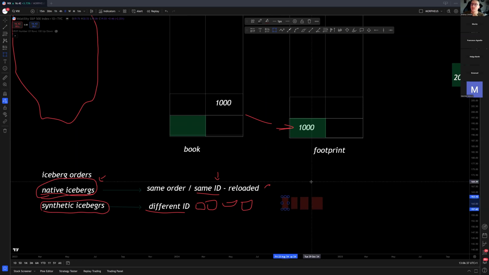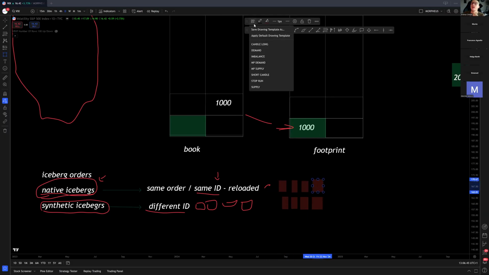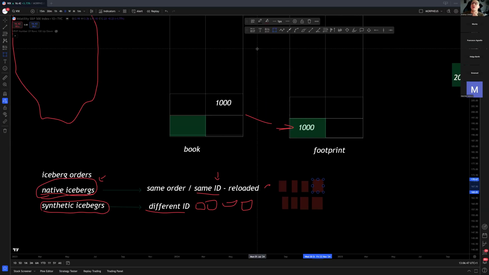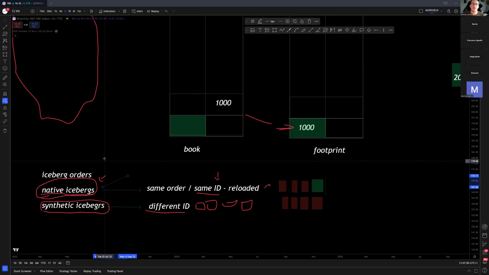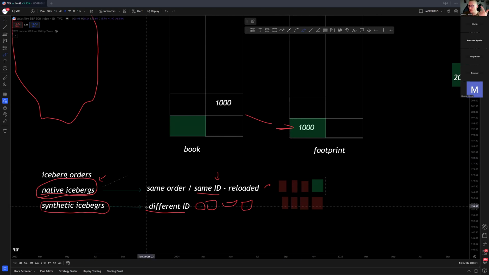While with the native iceberg, even if there's a queue behind you and you keep reloading, you're always at the front of the queue, because the 20 contracts get consumed and then replaced, but you're still at the front of the queue. So the native iceberg is better if you want to be sure to get filled. With a synthetic iceberg, you're less likely to get filled, but you have the advantage of being anonymous for some time. So you have an extra advantage.